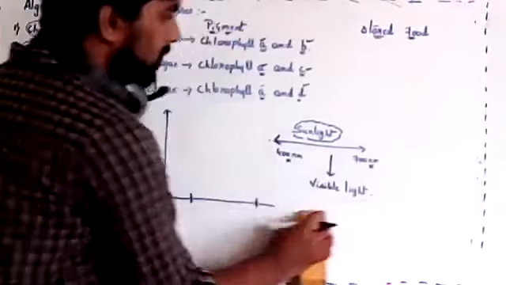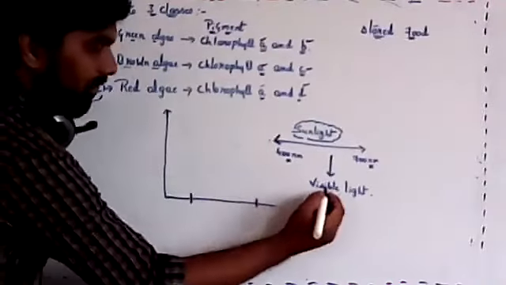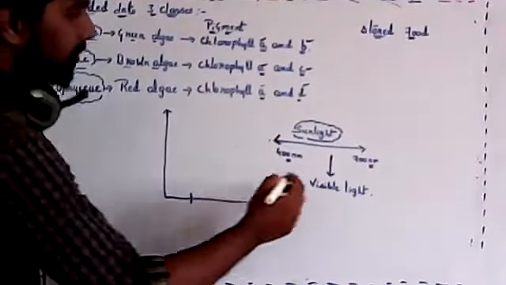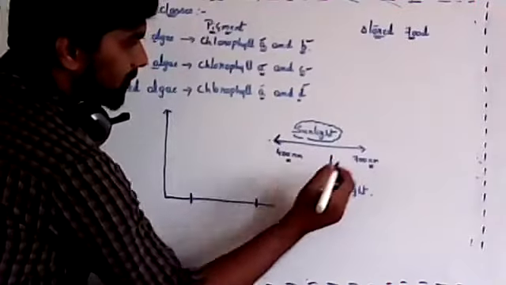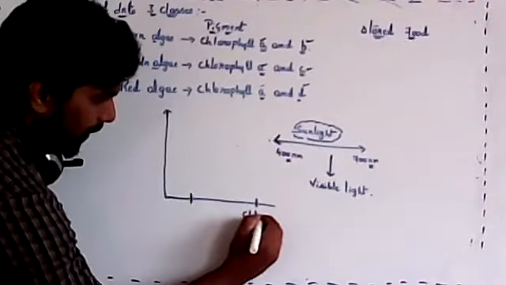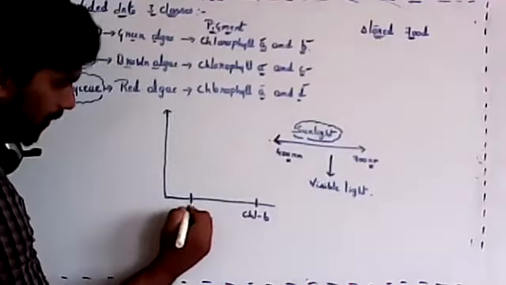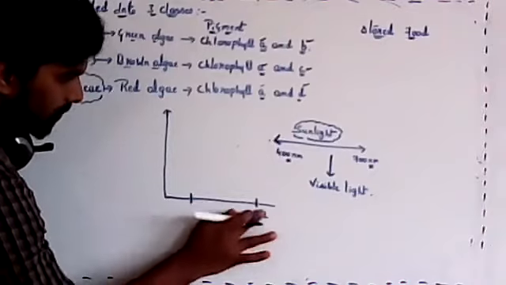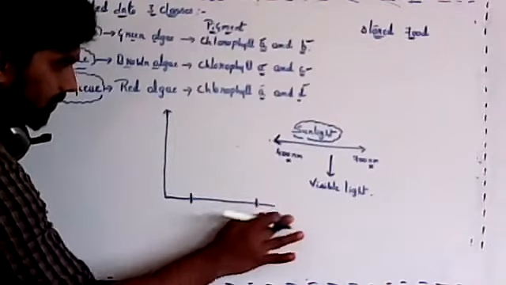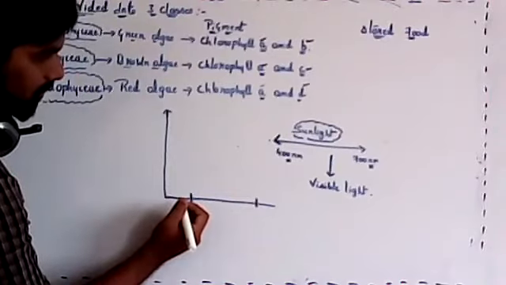Leave infrared and all. So visible light is 400 to 700. So there are different types of chlorophyll, chlorophyll A and chlorophyll B. Before that, I will plot that in a graph, nanometer, right?